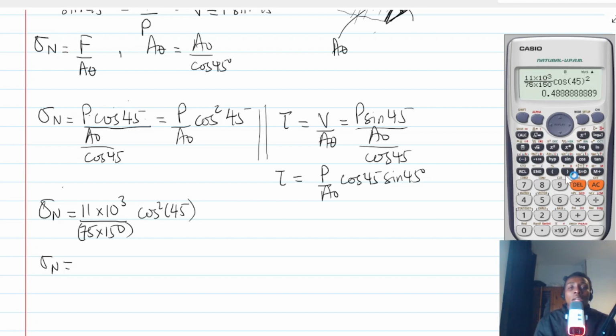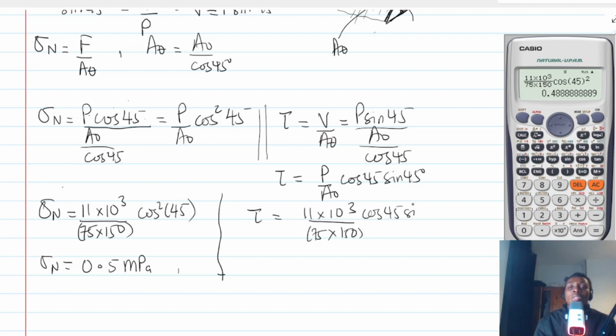We can see that our normal stress is going to be 0.48, let's say 0.5 megapascal. And then our shear stress will be 11 times 10 to the power 3 divided by 75 times 150, times cosine 45 sine 45.